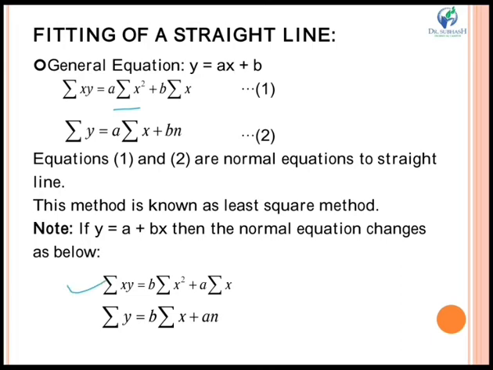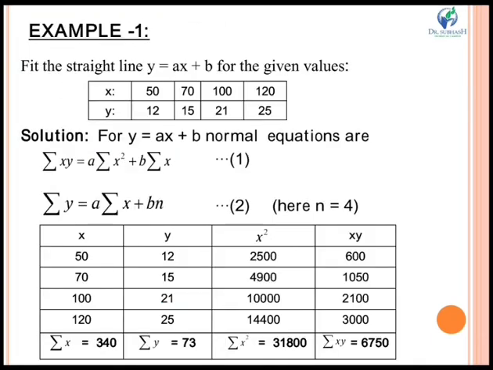Here, it will be changed to b sigma x square. Similarly, b sigma x from equation 1 will be changed to a sigma x, and bn will change to an. Okay. Now let us see some examples of fitting of a straight line.